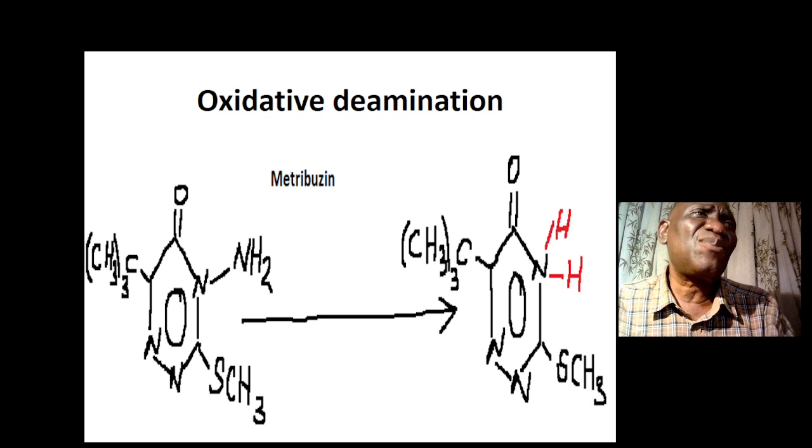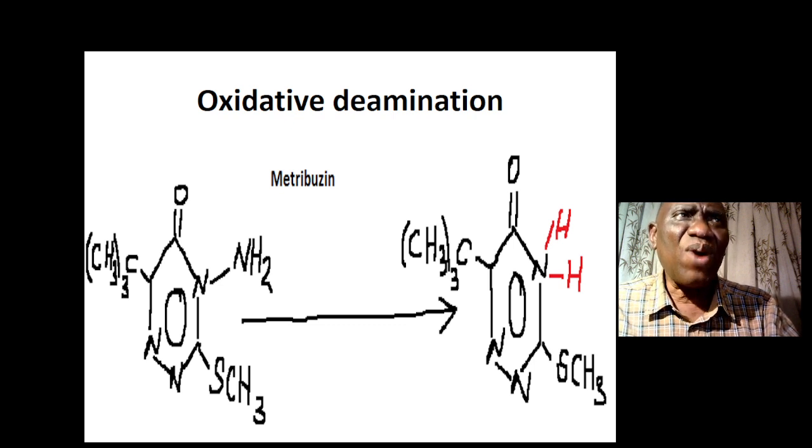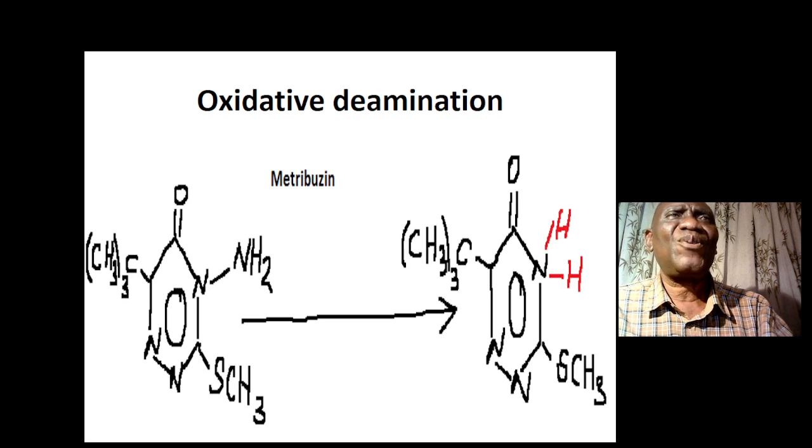And the example could be this metabolism. It is this nitrogen and the other nitrogen here. So this will go away during oxidative deamination and leaves two hydrogen atoms attached here.